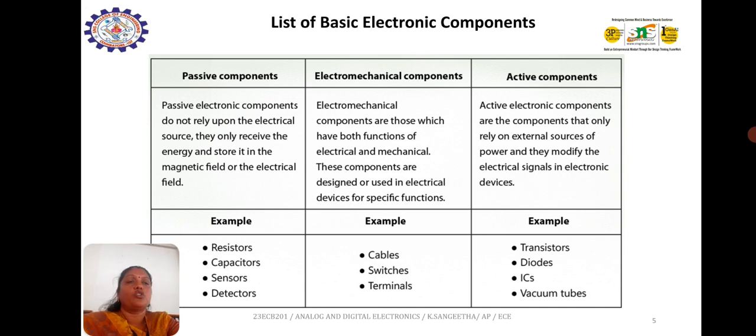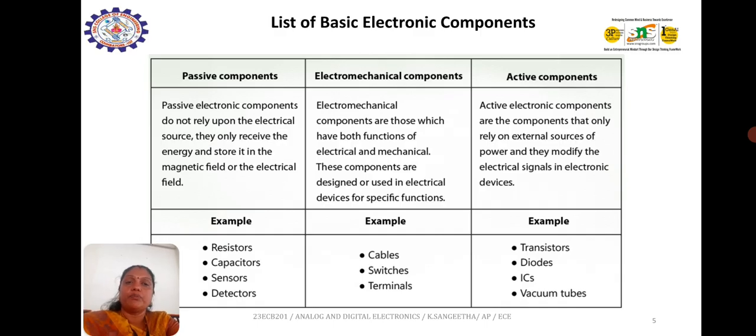Active components rely on an external power supply to operate, and they modify the electrical signals in electronic devices. Examples: transistors, diode, ICs, vacuum tubes.